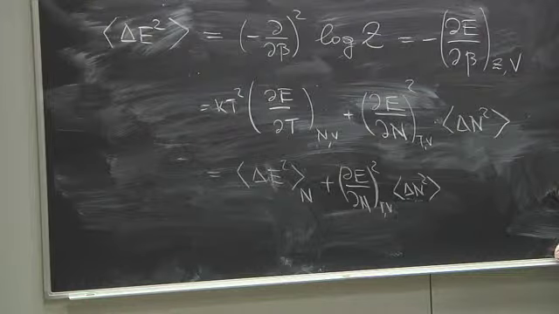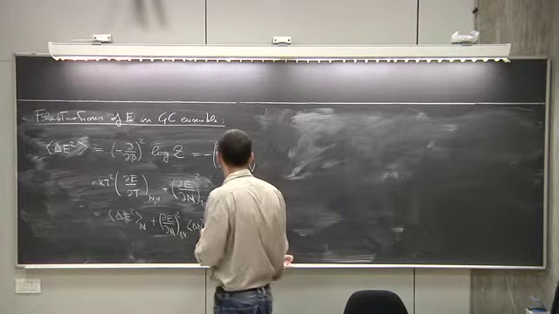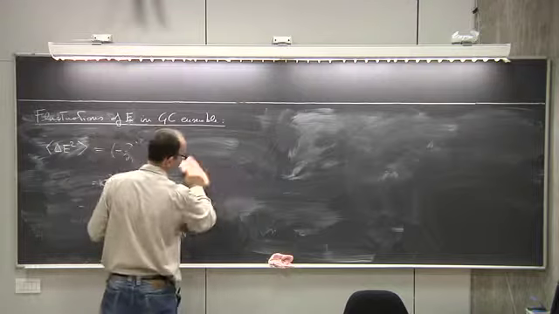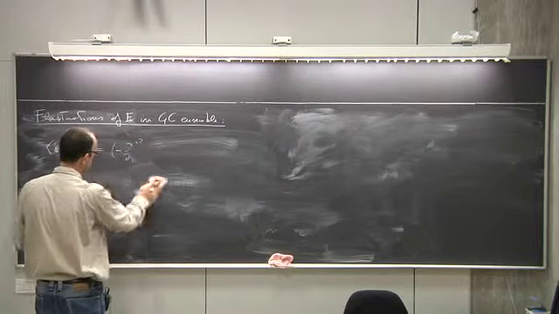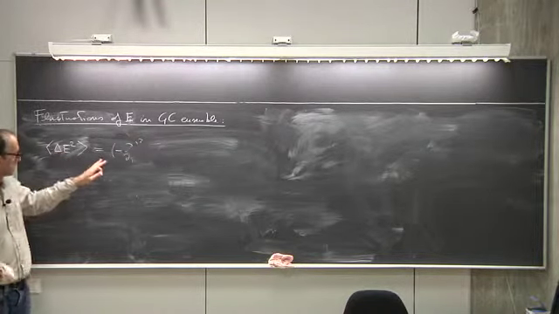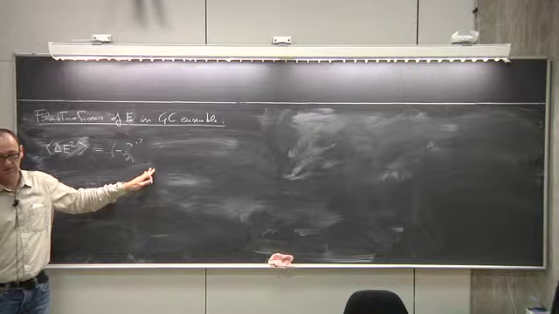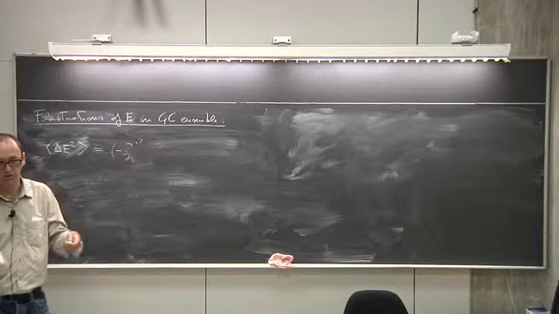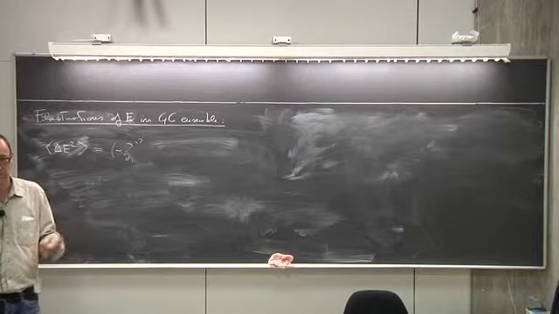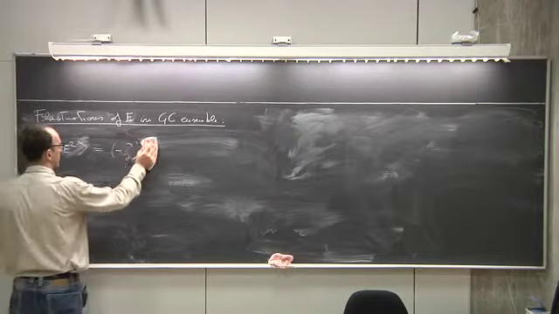If the volume is fixed, it will not do work, so the change in energy will be just due to the change of temperature, or the heat. In this case, the fluctuations of the energy are always related to the specific heat, here at constant chemical potential. And when you heat the system, it will also do chemical work because it will exchange particles with the heat bath, and you have to take this into account.